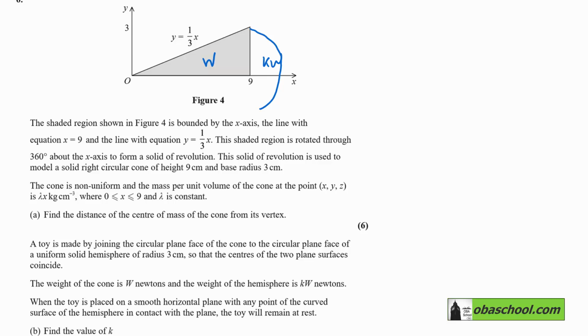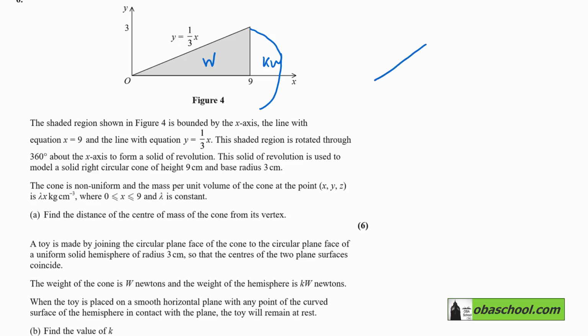When the toy is placed on a smooth horizontal plane with any point of the curved surface of the hemisphere in contact with the plane, the toy will remain at rest. We want to find the value of k.